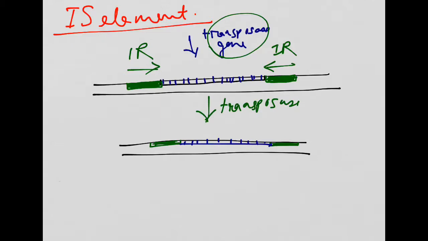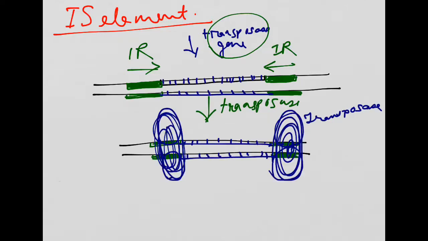So your transposase enzymes will be formed, and ultimately they are going to bind to these inverted repeat sequences. So this is how the transposase enzyme will bind to the inverted repeat sequences. These inverted repeat sequences are present at each end of the IS element.